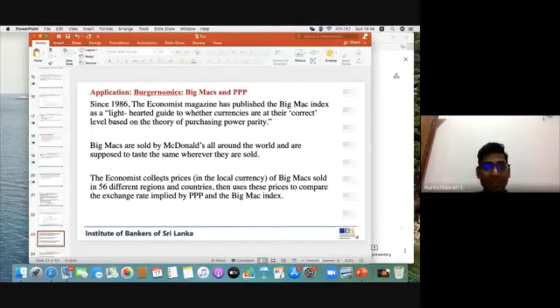As I said, Big Macs are sold by McDonald's all around the world and are supposed to taste the same wherever they are sold.